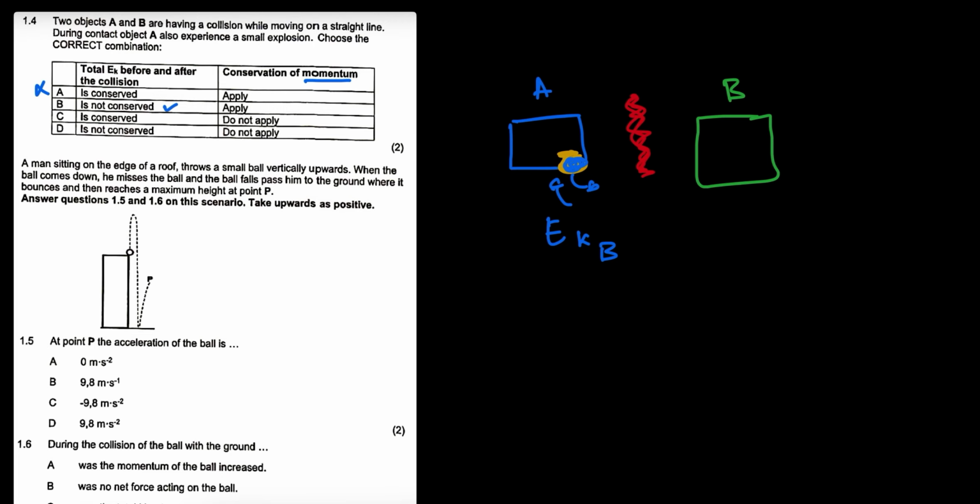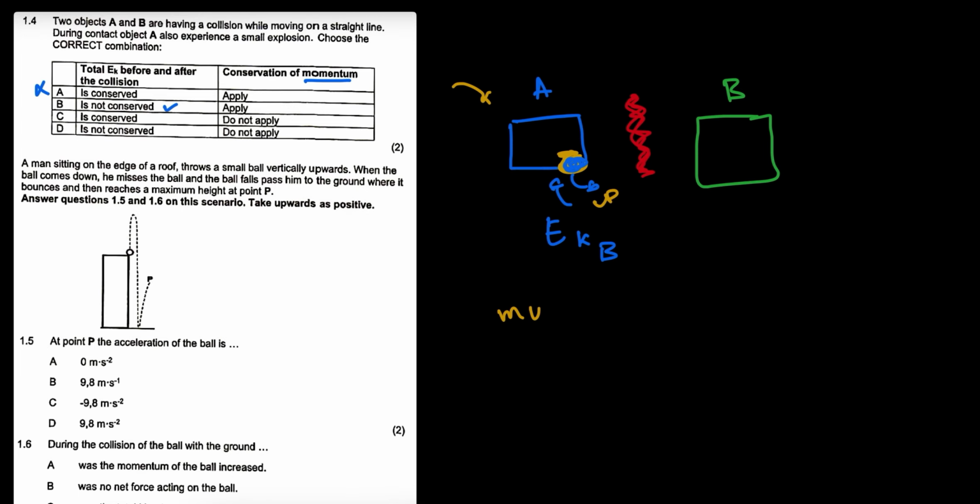Especially for object A, if object A had a particular momentum, that momentum simply means mass multiplied with velocity. During the collision, the momentum would have been conserved if we had no explosion.